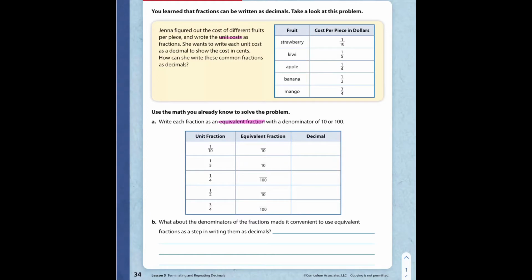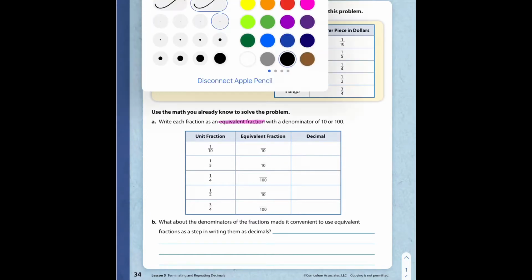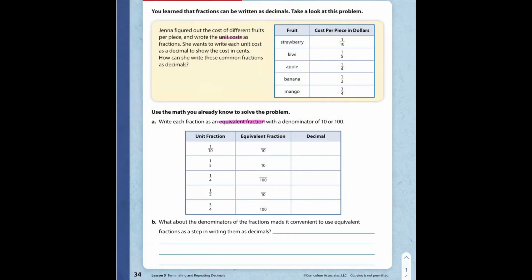Taking a look at the first one, 1/10. We can easily rewrite that one as 1/10. It already has a denominator of 10. And 1/10 is a common fraction that we know the decimal is 0.1. 1/5 can also be written as a fraction with a denominator of 10 as 2/10.